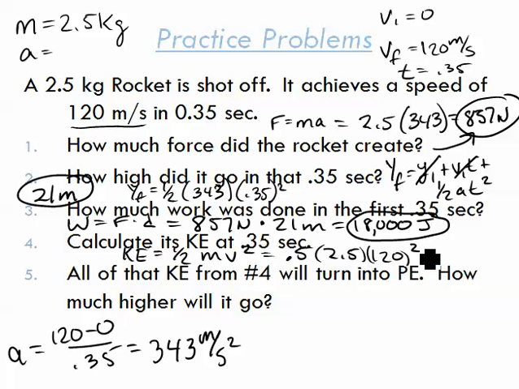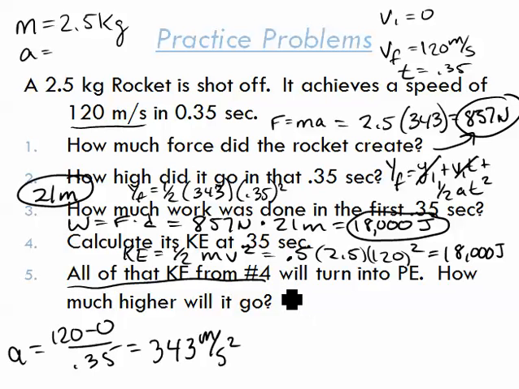And we get again 18,000 joules. So what that tells us then is all of that kinetic energy is going to turn into potential energy. So how much higher will it go?